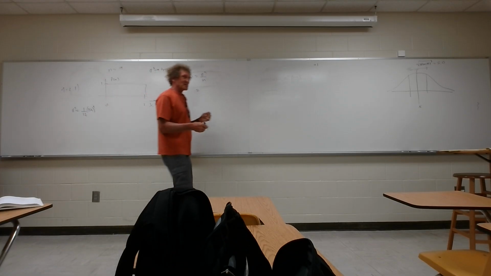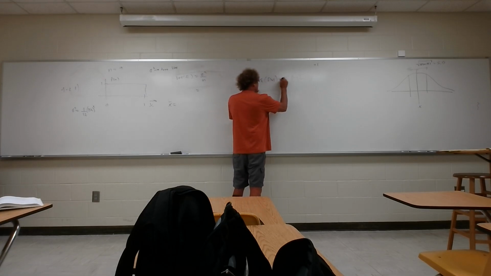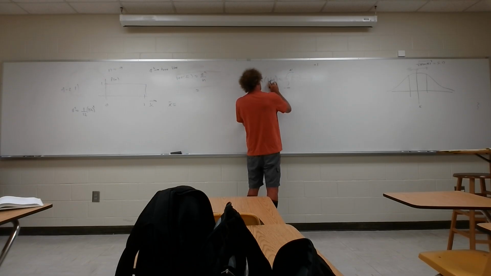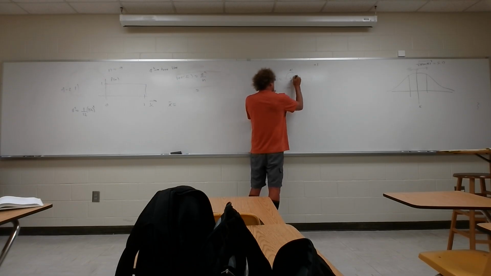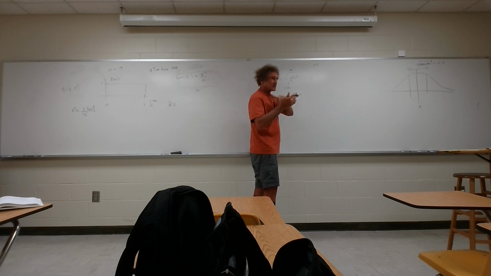If you want the expected value of any function, doesn't matter what it is, what do you always do? You do an integral over where the function exists, and I better call this g of x, and you take the function you want the expected value of, then you have to multiply it by the probability density function. And if it's discrete, it's going to be a sum. If it's a continuous density function, it's an integration.